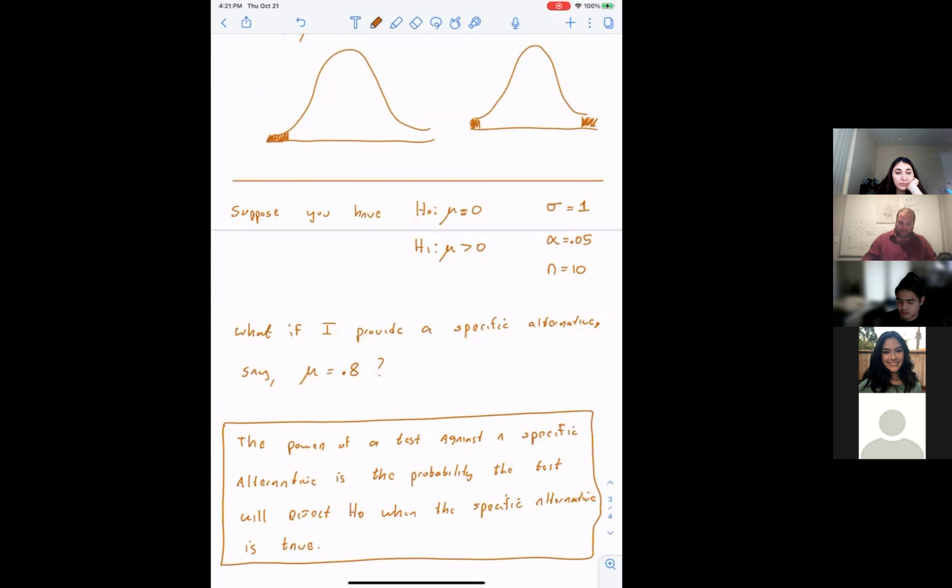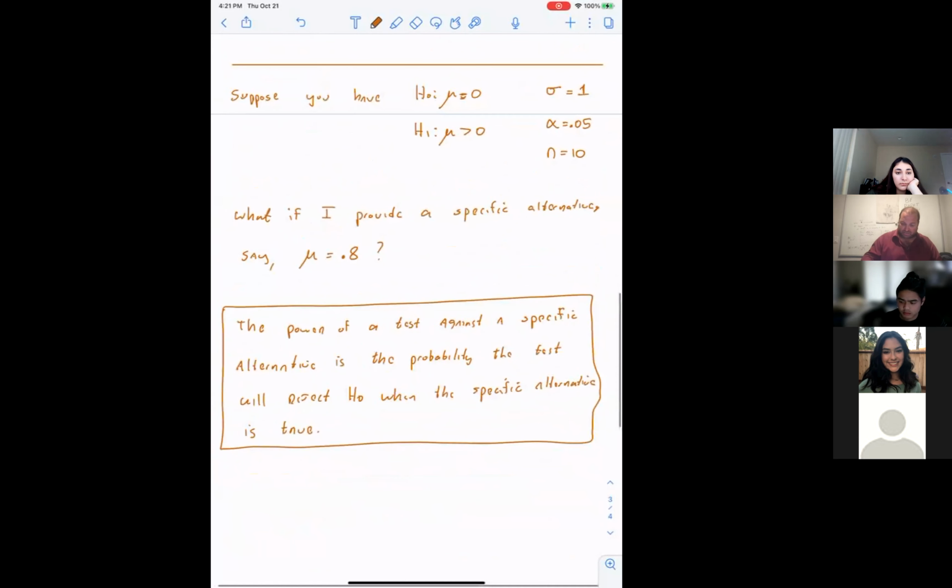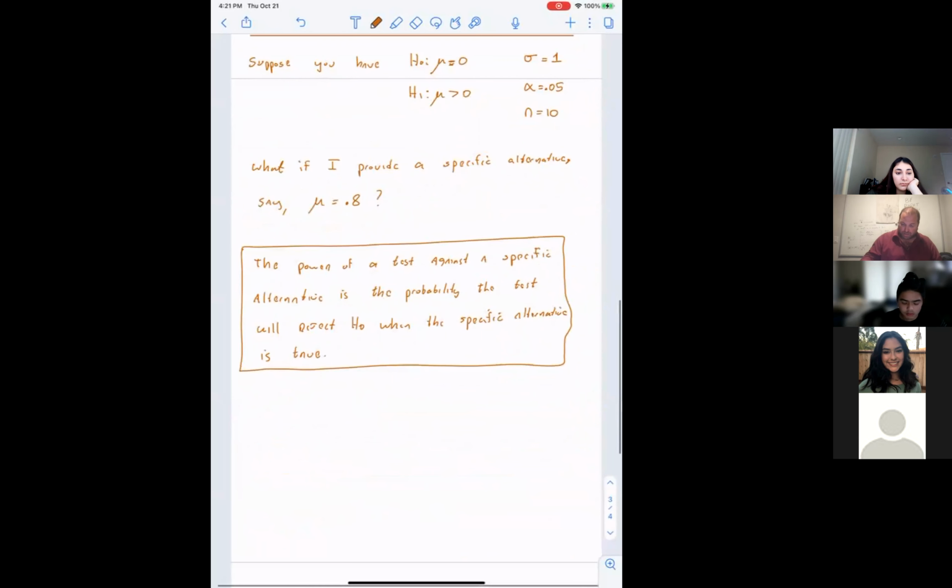So let's think about this in the context of this problem. If the null hypothesis is true, what is at the center of this normal curve? What value is right at the center? 0.